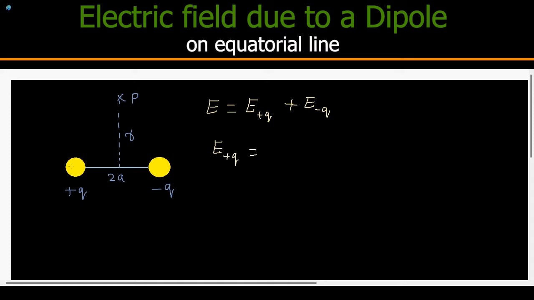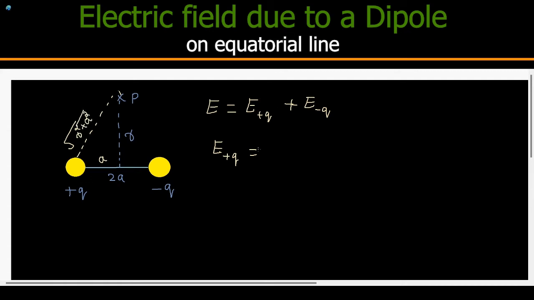So let us calculate the electric field due to the plus Q charge. We know the electric field will be along the direction of the straight line joining the charge and the point. The distance from the charge to the center of the dipole is a, and the distance from the center of the dipole to the point is r. The distance between plus Q and P will be root of r square plus a square.